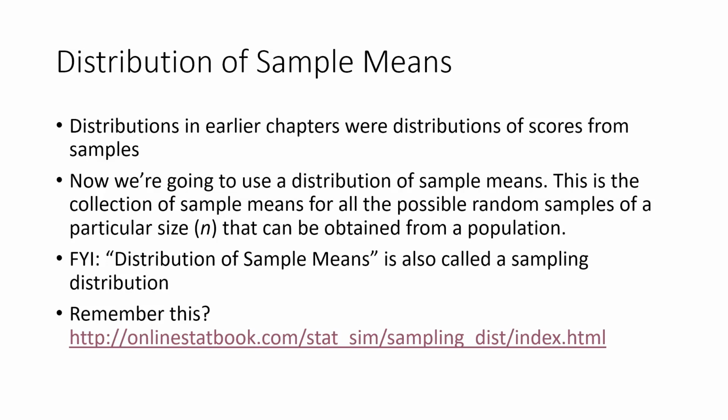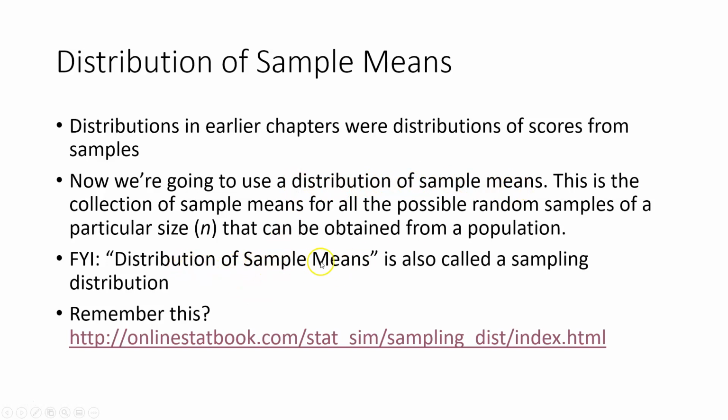In simpler English, if you were to take all the possible samples of some size from a population and compute the mean of each one and plot them in a distribution, you would get this thing that's called a distribution of sample means.